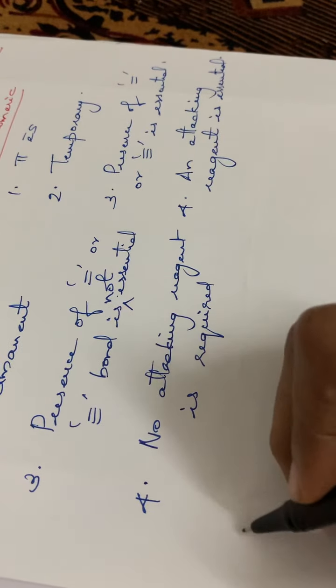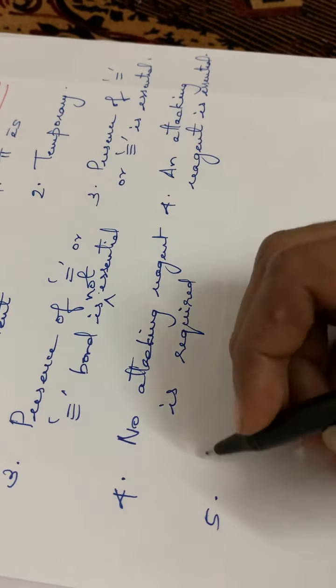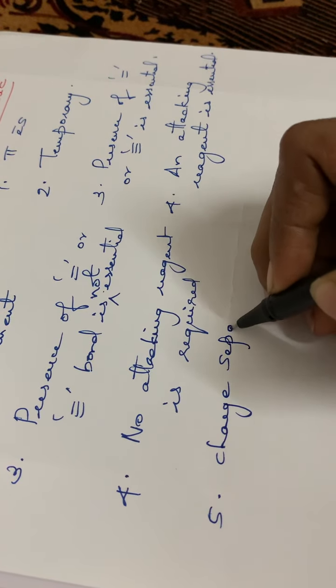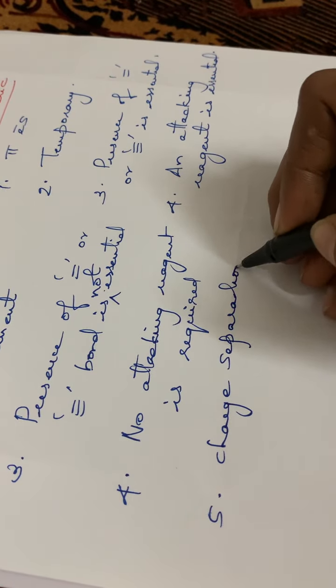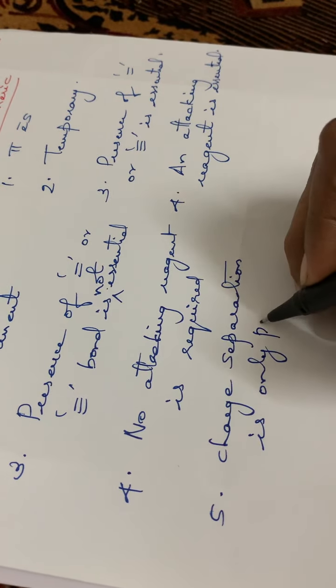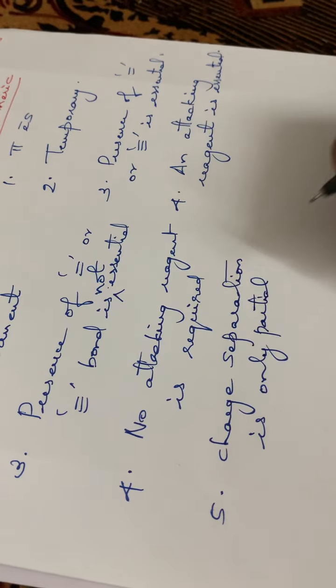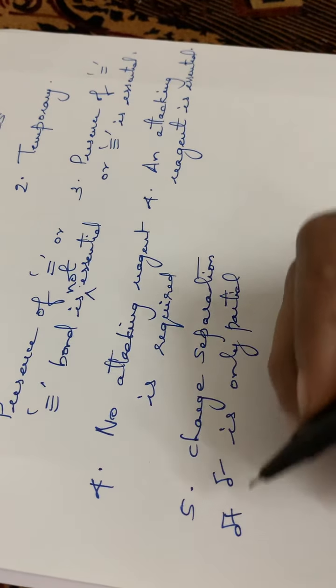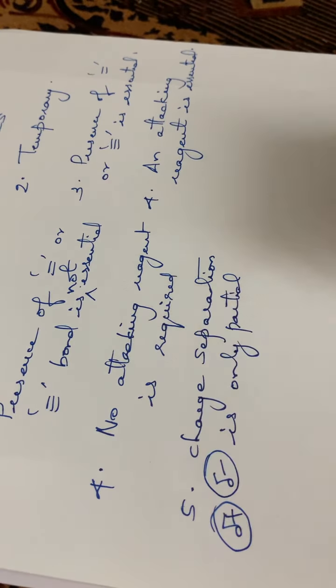Okay. Then the next point is that charge separation is only partial. That means while writing the inductive effect, we will be writing as delta positive and delta negative, isn't it? Only a slight positive and slight negative charge.